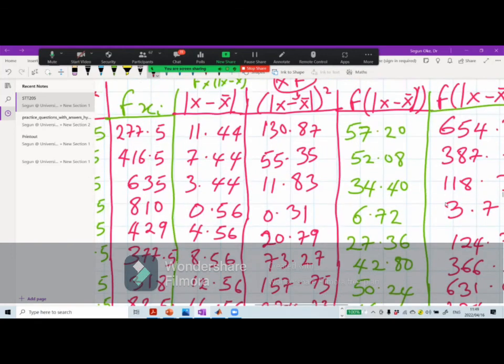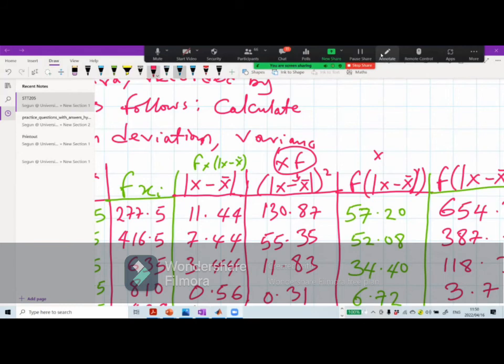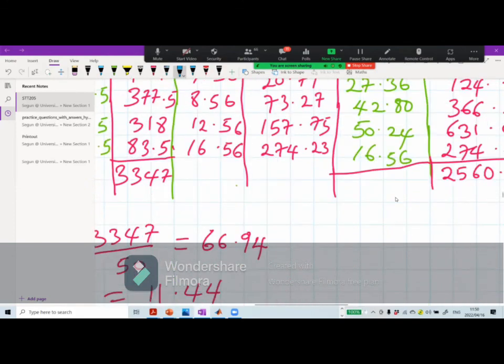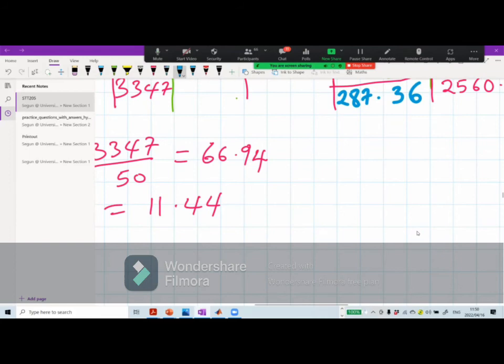Yes, summation of F, this particular one, this side. The answer is 287.36. 287.36, correct.